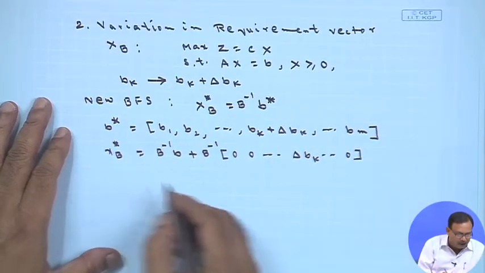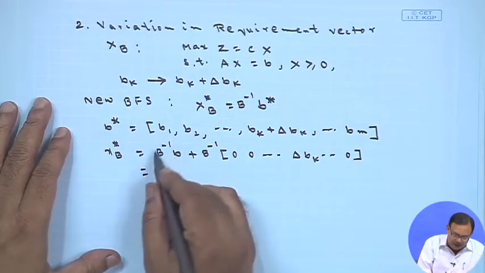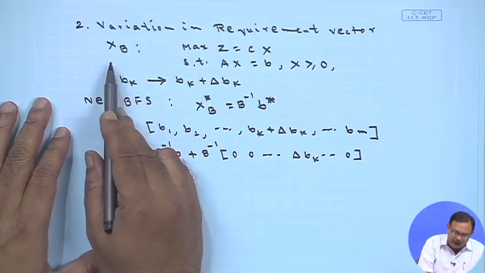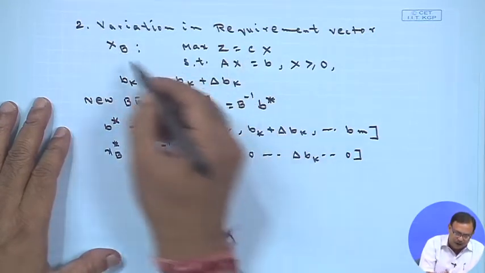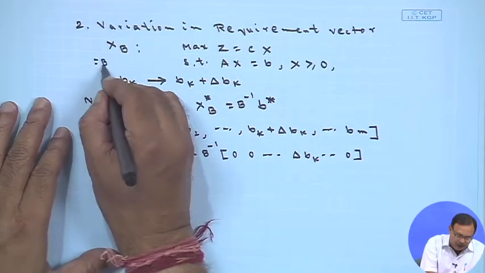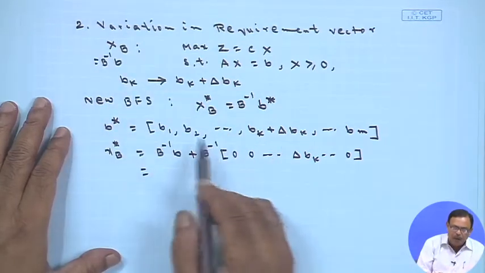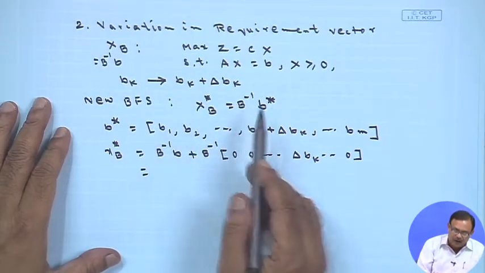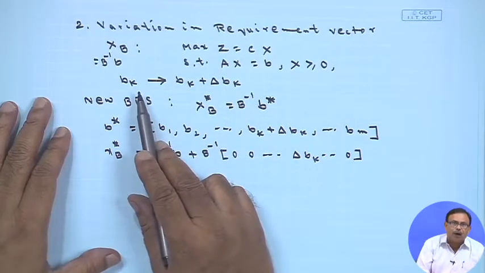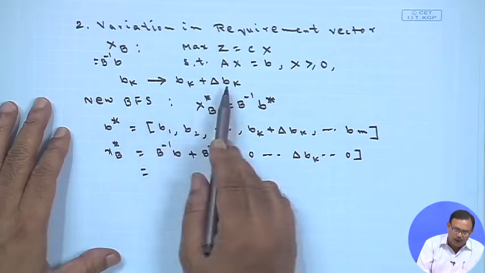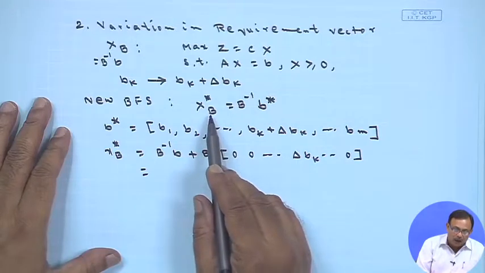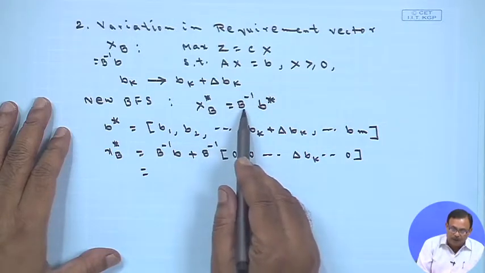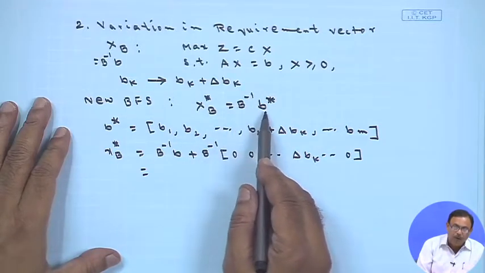So, this B inverse b is nothing but your x_B, because your x_B is equal to B inverse b originally, and then whenever I change the kth component of b from b_k to b_k plus delta b_k, the new basic feasible solution has become B inverse into b star.